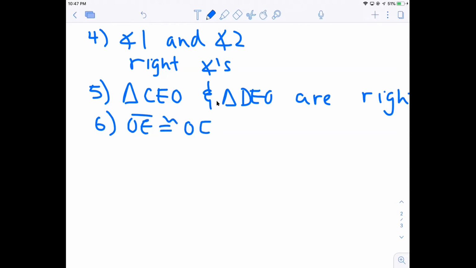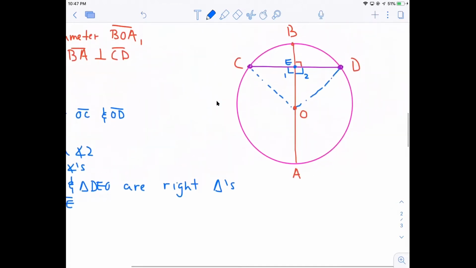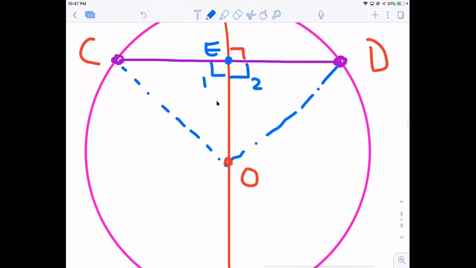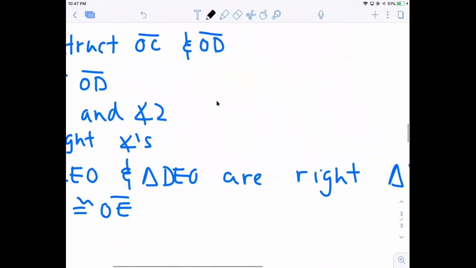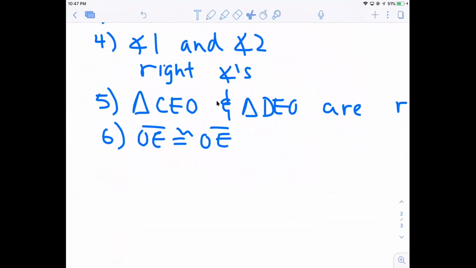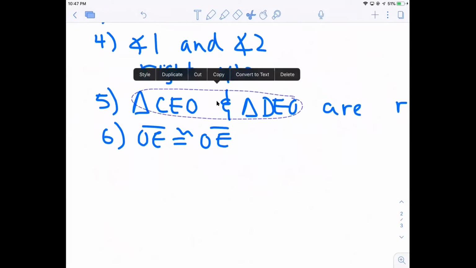All right, so let me mark up my diagram as we have it so far. We said that these radii were congruent. Boom and boom. We said this was reflexive, so that's congruent to itself. And now we have the setup for hypotenuse leg. So again, make sure you're naming the triangles by the corresponding parts.